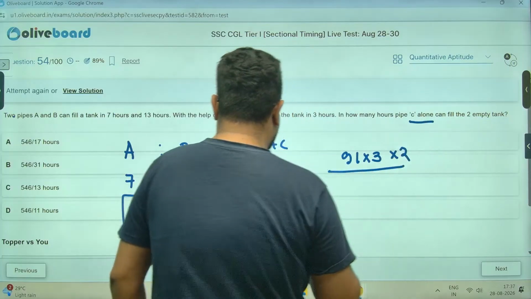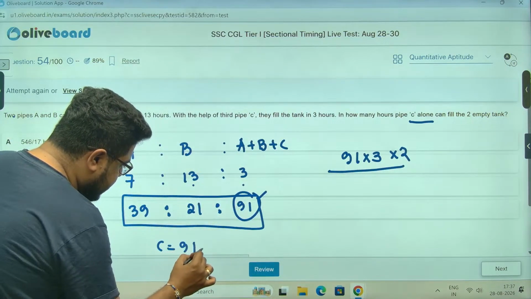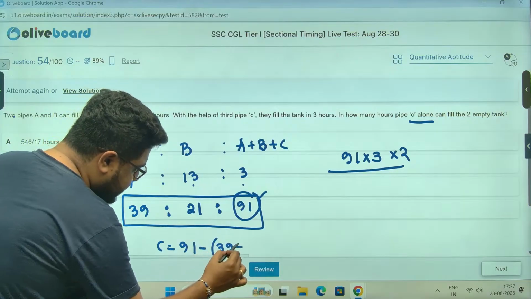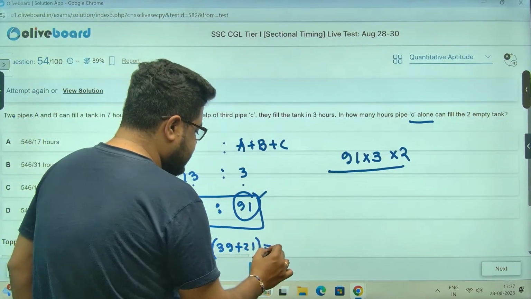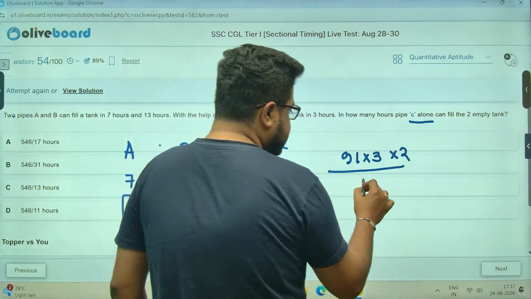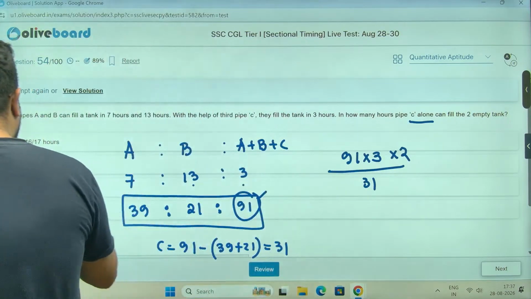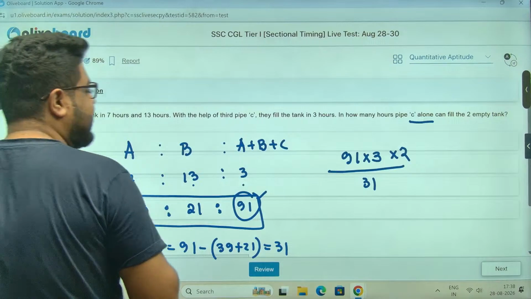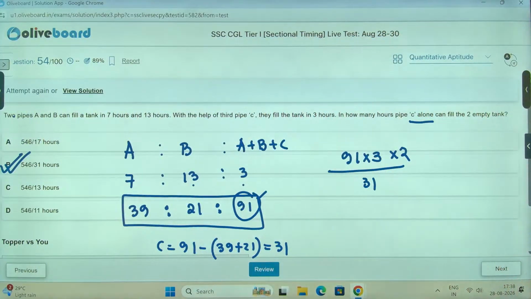C alone. C's efficiency will be 91 minus 39 plus 21. This is 40 and 20, 60, 31. So this is 31. Only one option, B, is having 31 in the denominator. So I can go with this.